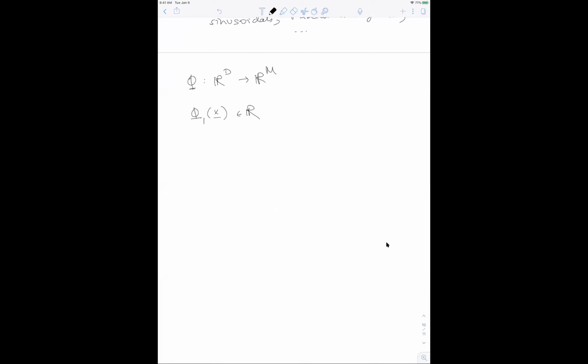Suppose that x is a real, and suppose that phi of x is defined as x, x squared, x cubed. This is an example where my basis mapping is from R to R to the 4.